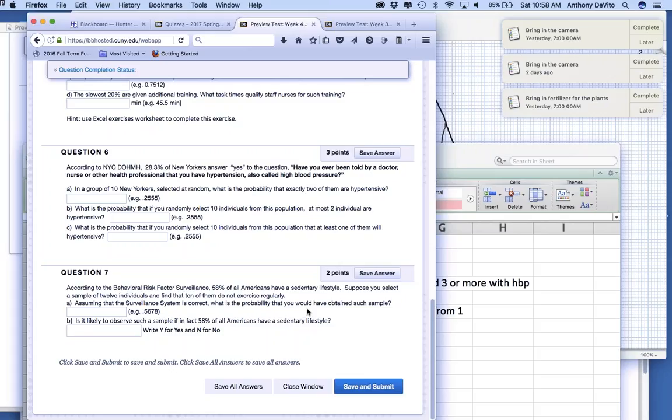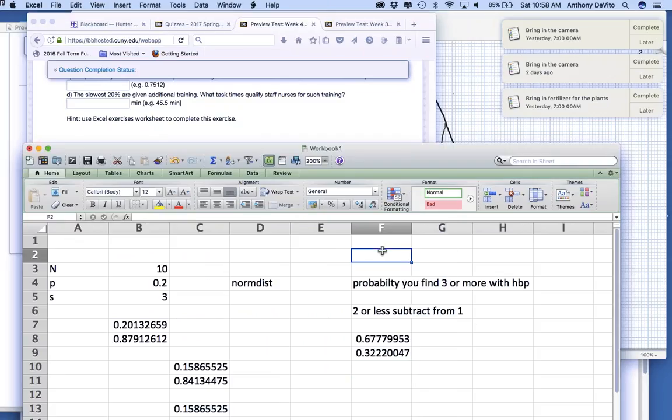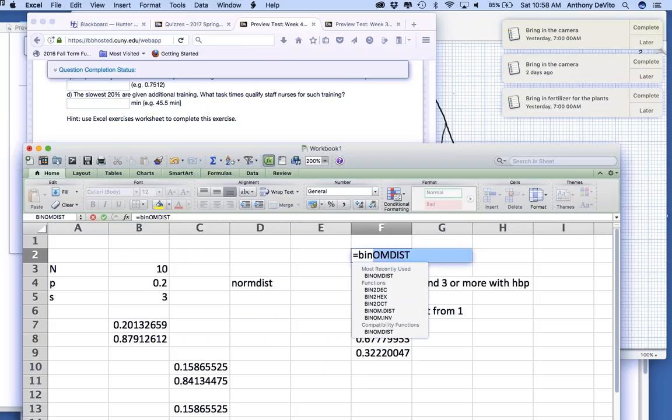Well, given that the probability for any individual is 58%, and you sample 12 individuals, you'd use equals binom dist, parentheses, number of successes, number of trials.